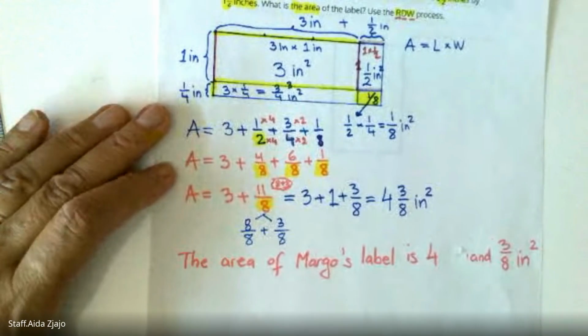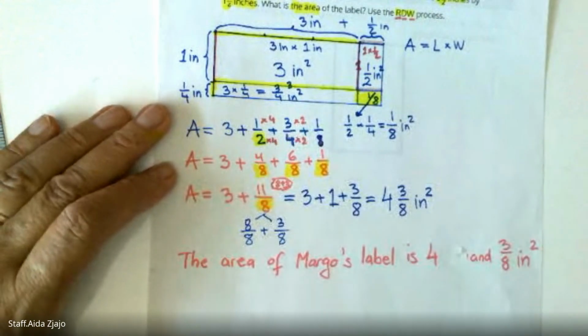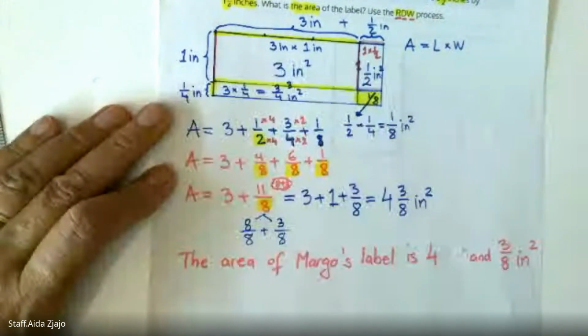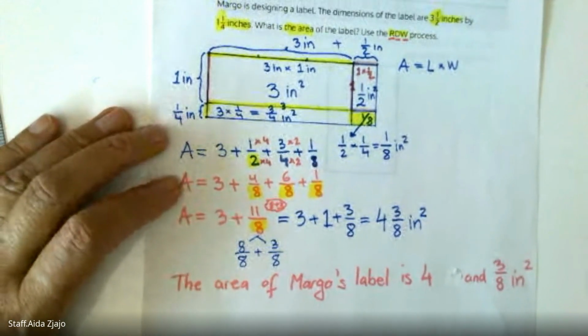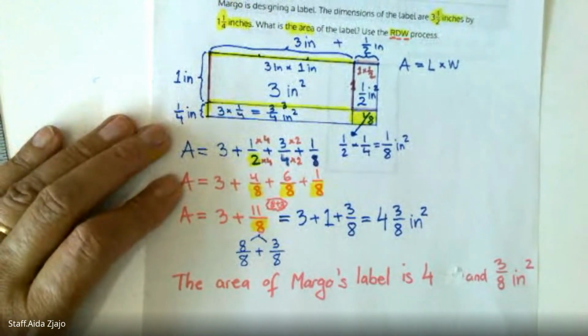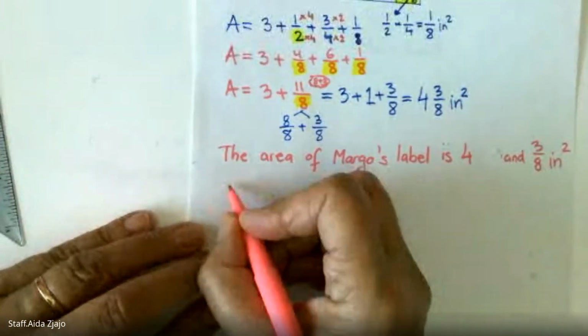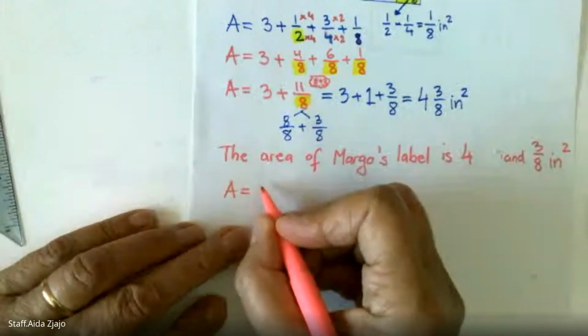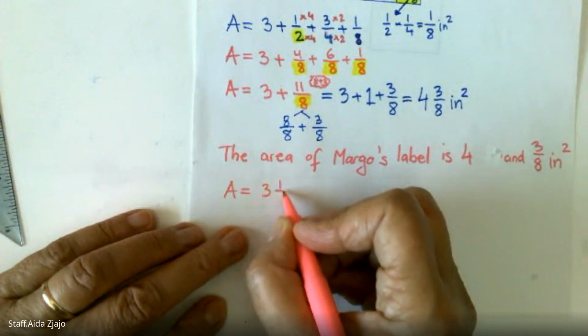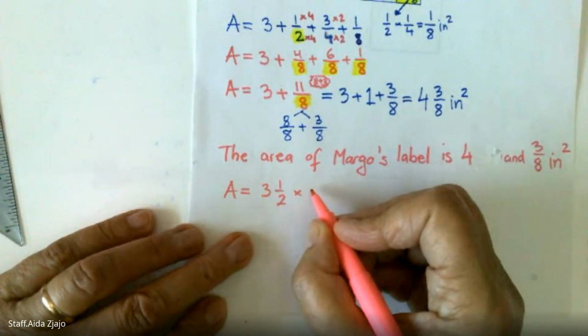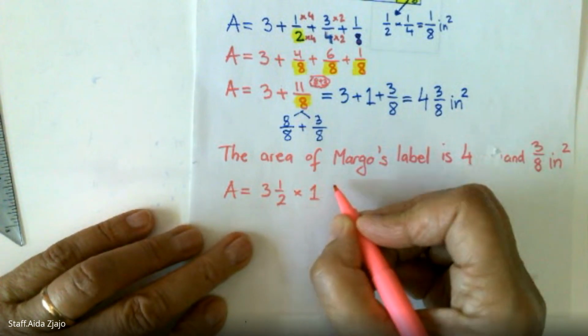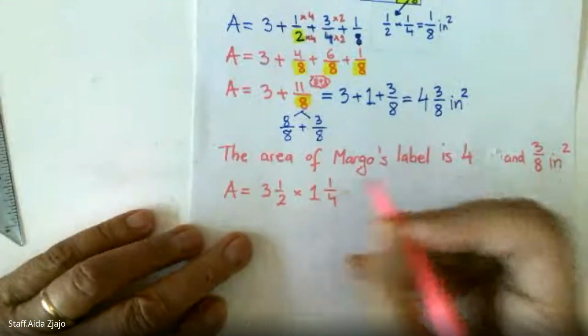So I can also do multiplication to check my answer, just in case you like to do it. This uses the area model. Let's see, area equals 3.5 times 1 1/4.